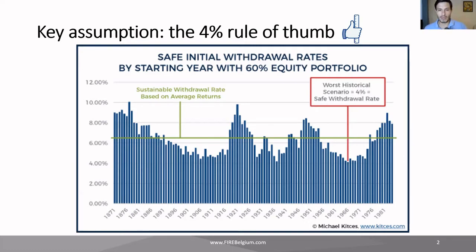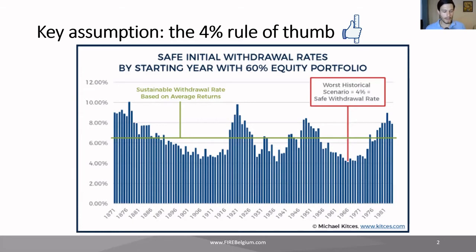This comes from Michael Kitces, who is an excellent personal finance writer. I recommend you have a look at his blog. So this diagram represents the safe withdrawal rates for each of those 30-year periods, assuming that the portfolio is 60% stocks and 40% bonds or fixed income. So a balanced portfolio of index funds, low cost, etc.